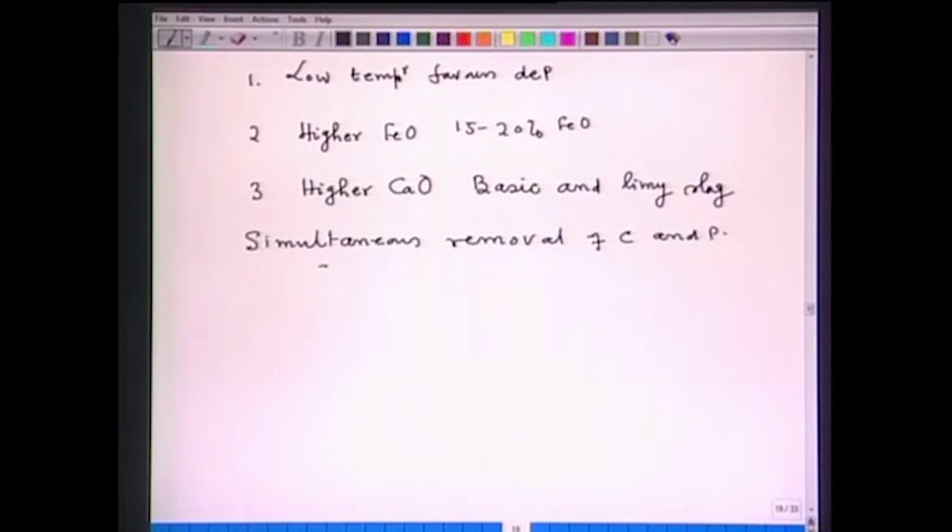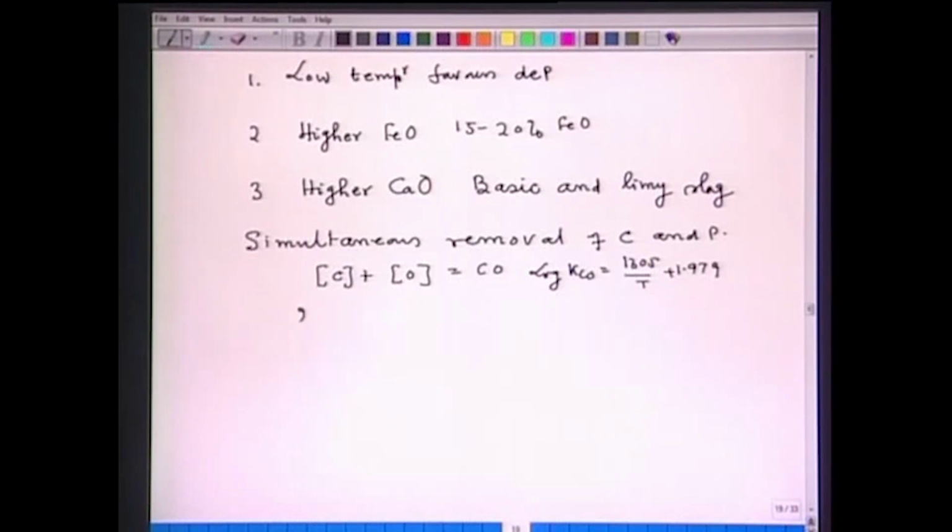For that we write down the reaction C plus O, that is equal to CO. Let us put log of KCO equal to 1305 upon T plus 1.979.